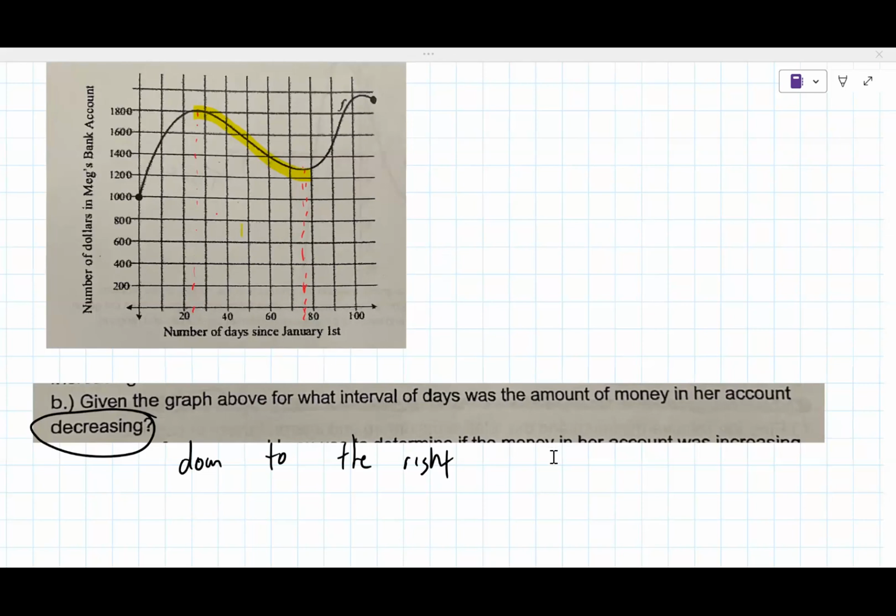So it has to be from the smaller number to the larger number. So that's 23 to 67. Good. Any questions on that? I'm writing this down. All right, sounds good.